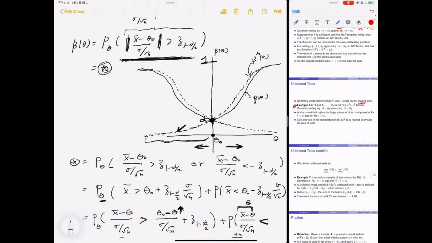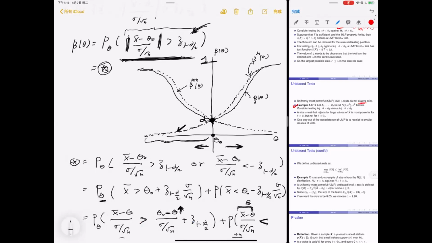So the power of your two-sided test, even though it's powerful on both sides, cannot be called a UMP test, because there's always some lousy test that is more powerful than me in some area of theta.